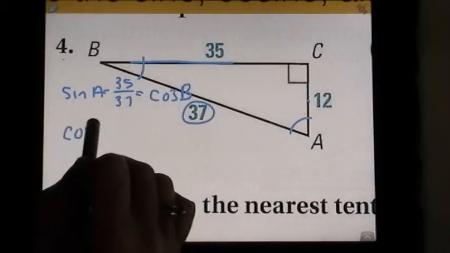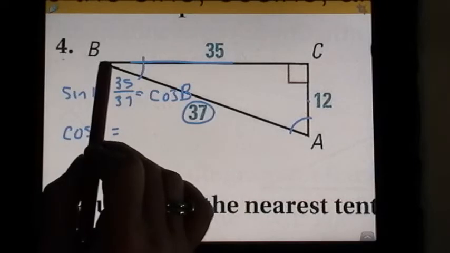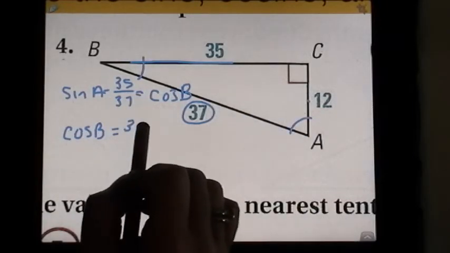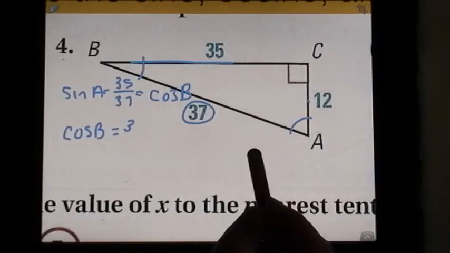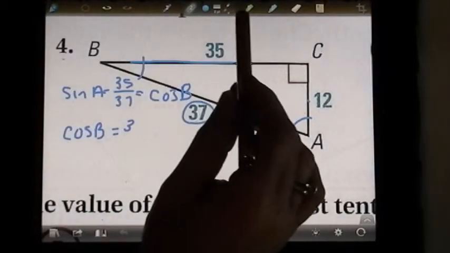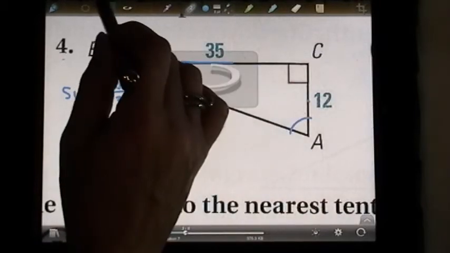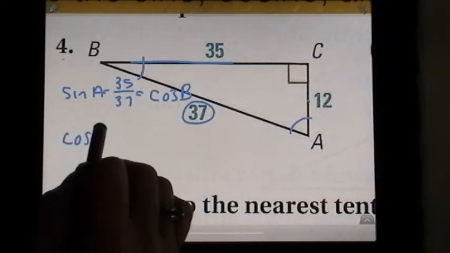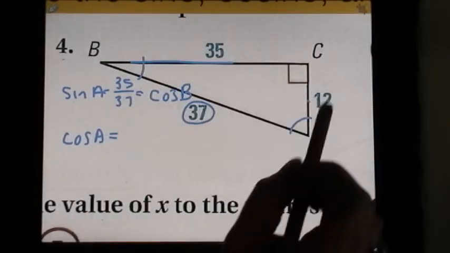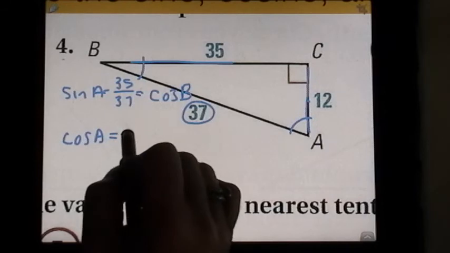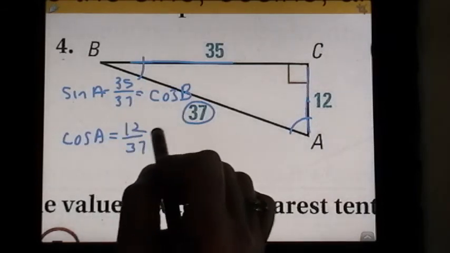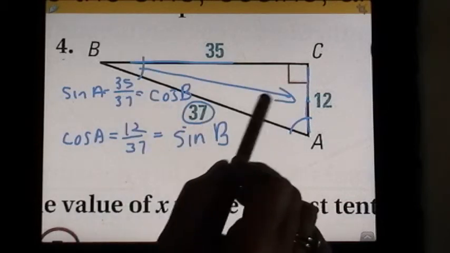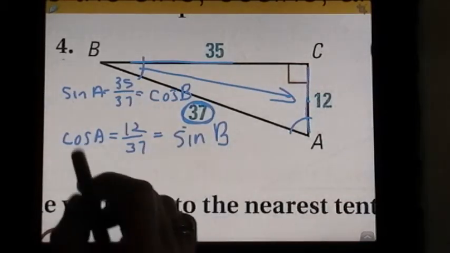The cosine of B is the adjacent over the hypotenuse, 35, oops, I meant to say cosine of, I wanted to do the cosine of A because we just did the cosine of B. Okay, the cosine of A is equal to the adjacent side, which is 12 over 37, which, by the way, is the same thing as the sine of B, opposite side over hypotenuse.